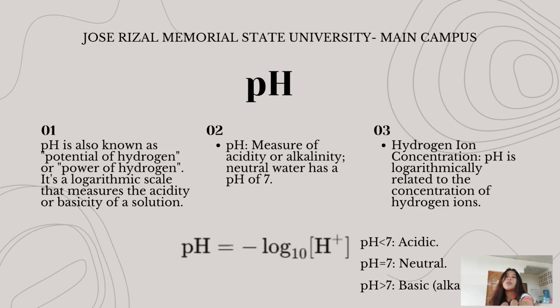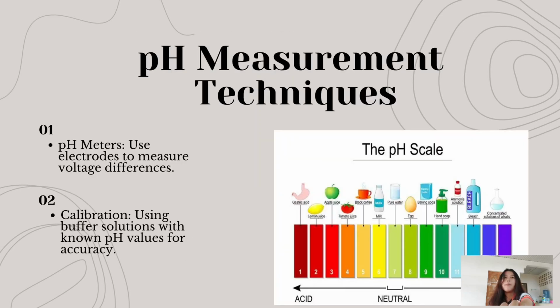So hydrogen ion concentration. pH is mathematically expressed as pH equals negative log of H plus, where H plus is the concentration of hydrogen ions. So measurement technique. pH meters are instruments with electrodes that measure the voltage difference to determine the pH.